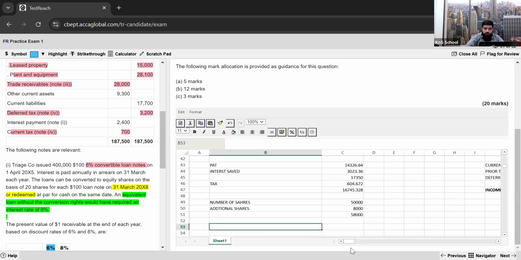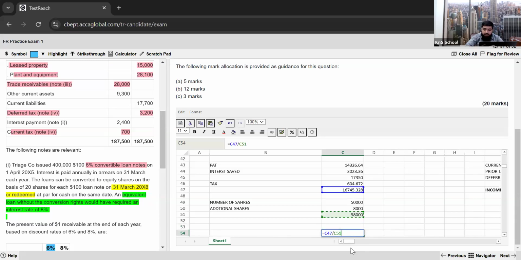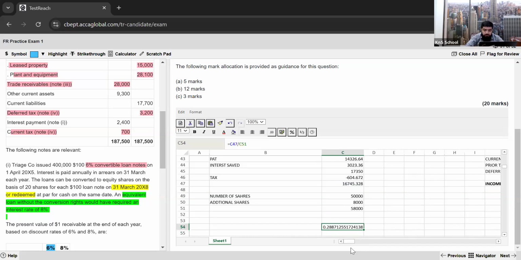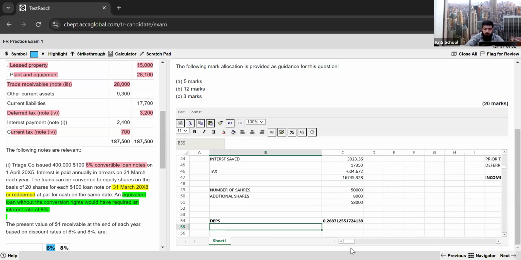Now we are going to apply the formula. The formula was the profit after tax plus interest saved minus tax, that is 16,745, divided by the maximum shares that will be in future, which is 58,000. So the DEPS, that is the diluted earnings per share, is $0.28, or we can write it in terms of cents.